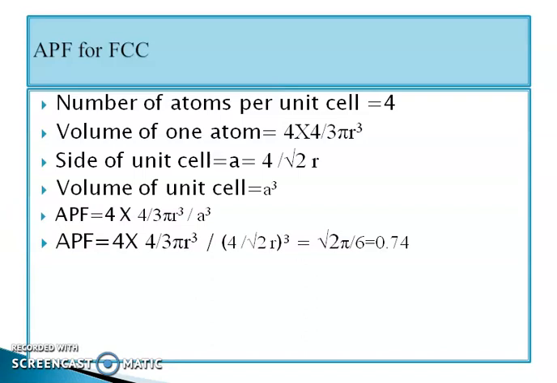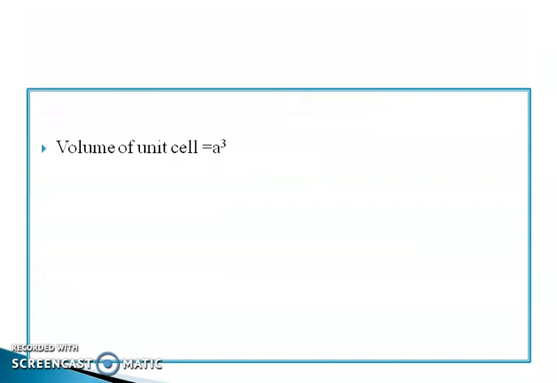Substituting all these values, we get atomic packing fraction for FCC is equal to 4 into 4/3 pi r cube upon 4 upon root 2 r its cube. Cancelling the equal terms, we get root 2 pi by 6, or that is equal to 0.74. Therefore, the atomic packing fraction for face-centered cubic structure is 0.74.